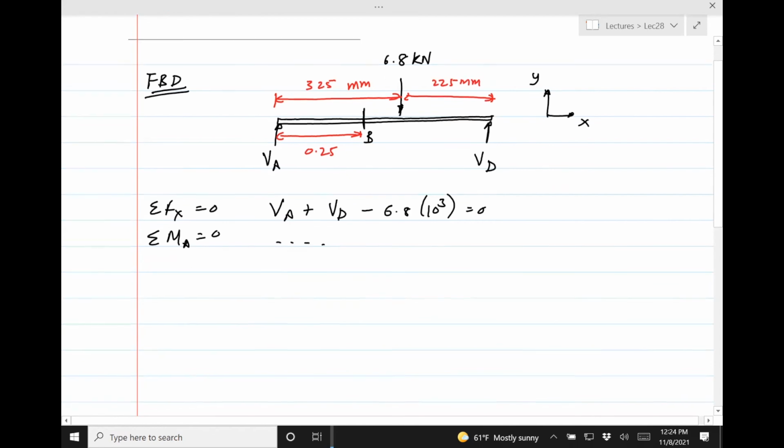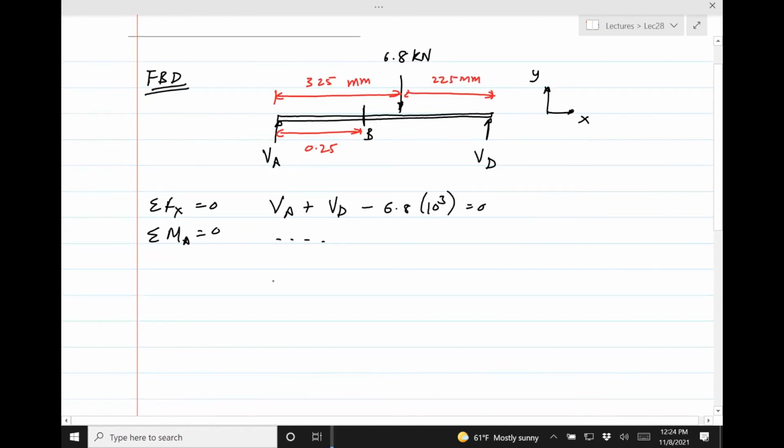This is something you've done in the past. So after solving for VA and VD, you get VA equals 2.78 kilonewtons and VD equals 4.02 kilonewtons. If you sum it up, you'll see that it's equal to 6.8.